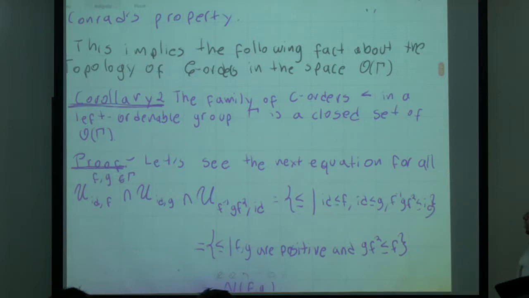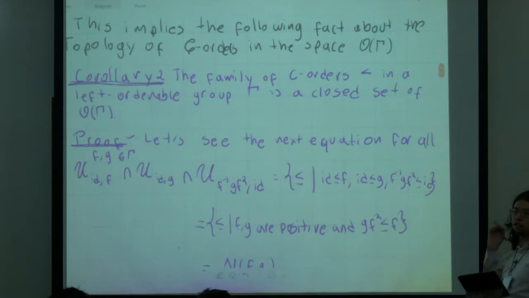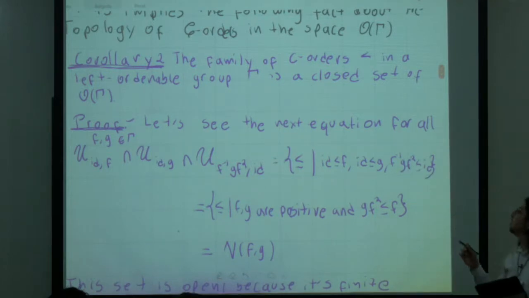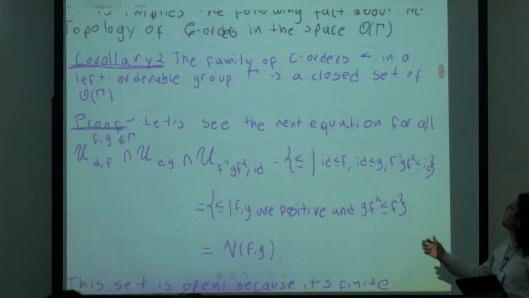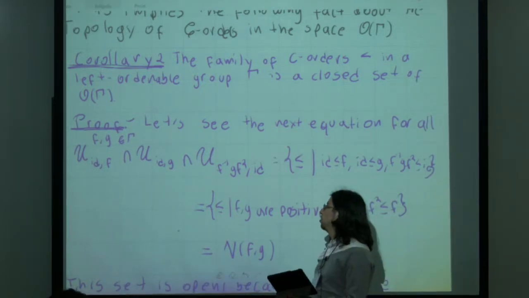With this, we can prove something about the topology of the Conrad orders in the space of left orders: that the family of C-orders in a left orderable group is a closed set of the space of orders.